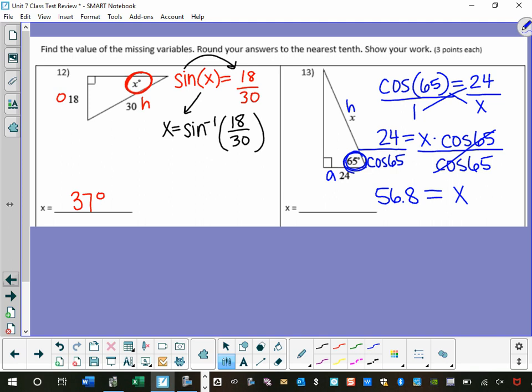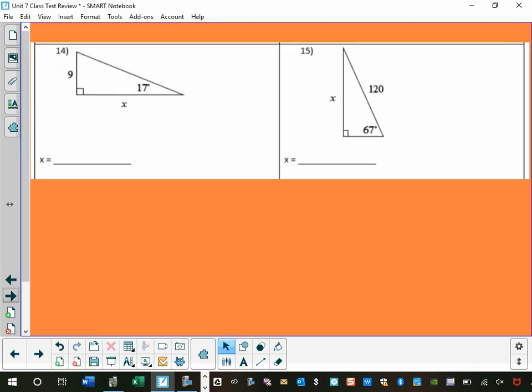I round my sides to one decimal place. I round my angles to a whole number. All right, I want you guys to try number 15. Skip 14, let's do 15. The angle you have is right here. I'll help you label. Your x is going to be opposite. 120 is going to be your hypotenuse.